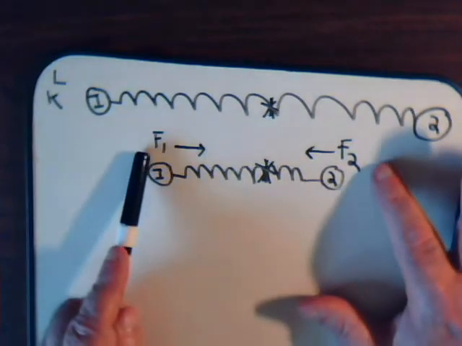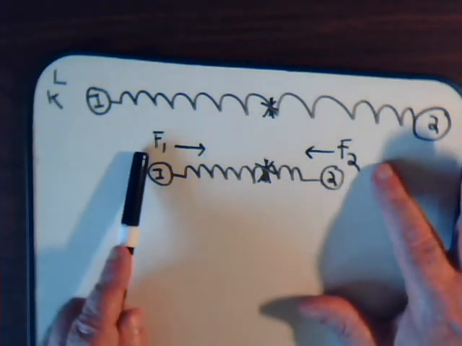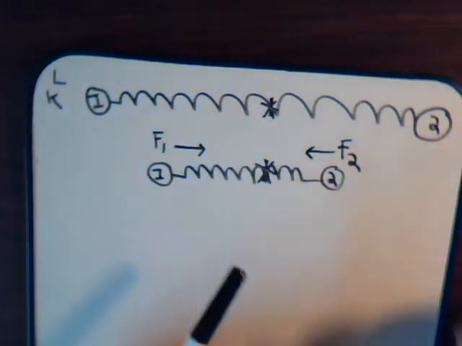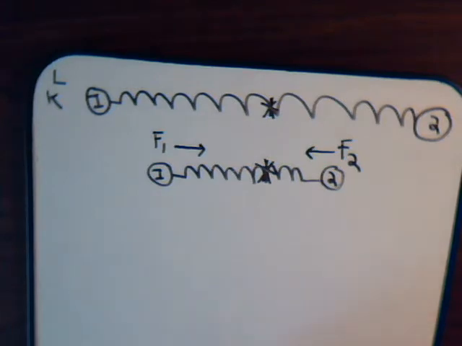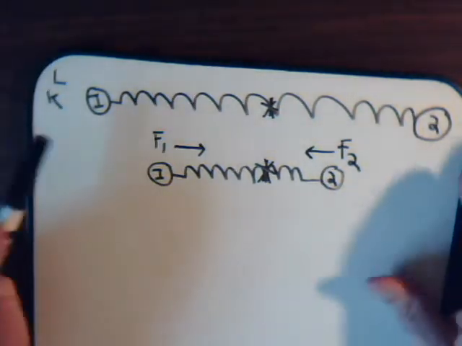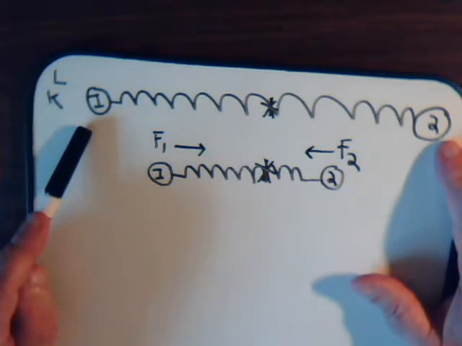So if we added these two forces up, they add up to 0. So the net external force on the system is 0. And we know that when you have a mechanical system and the net external force applied to it is 0, the momentum doesn't change.